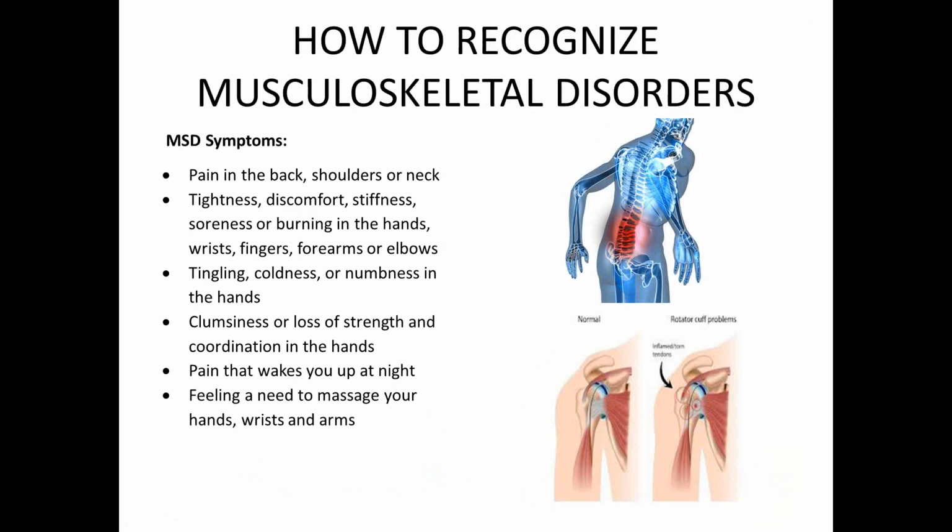Symptoms, well, quite often somebody that's suffering from a musculoskeletal disorder will feel pain in the back and the shoulders and the neck, tightness or discomfort, stiffness, soreness, burning in the hands. Sometimes it's defined as tingling or coldness or numbness in the hands. It's clumsiness.